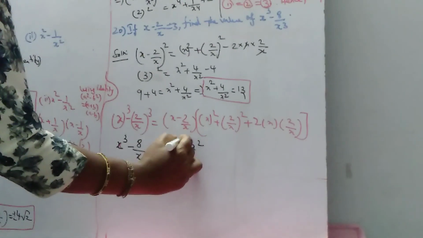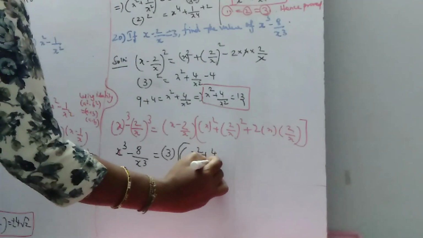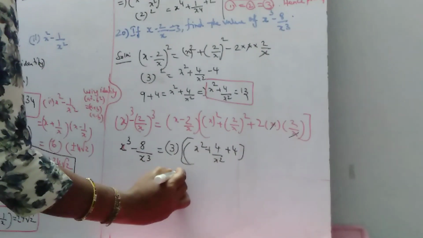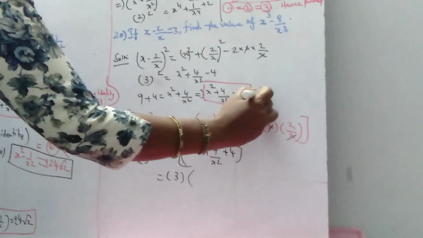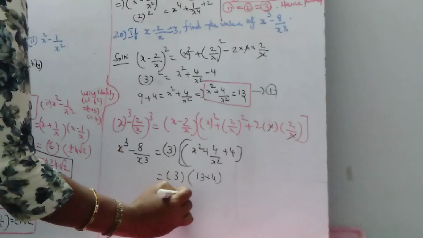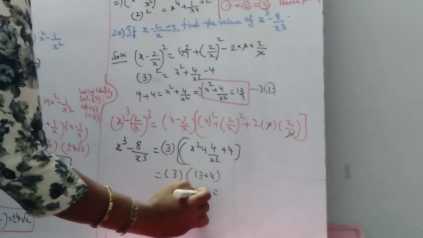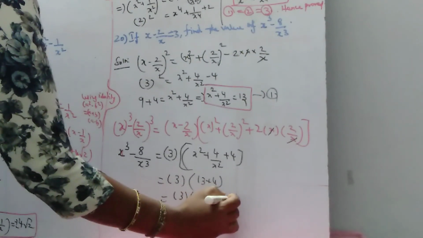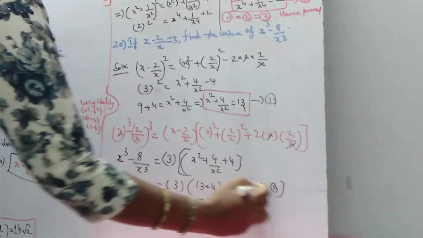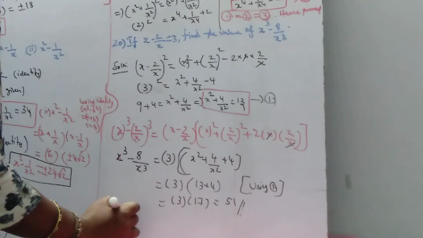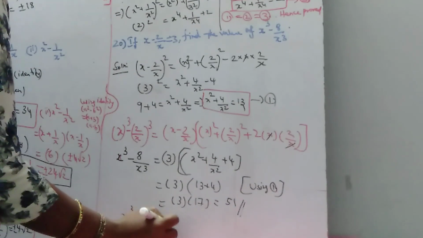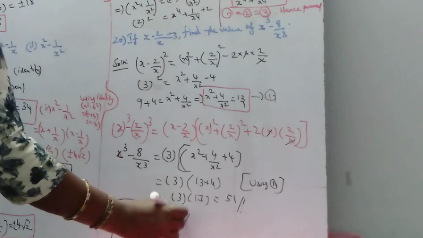Then this is what? X square plus 4 by x square, then x will get cancelled, plus 4, so which is equal to 3 into, using this 13 plus 4, which is equal to 3 into 17, that is 7 3 is 21, balance 2, 51, right? Using the first result, we have substituted this one and we got the solution, which is what? X cube minus 8 by x cube equals 51 is the solution.